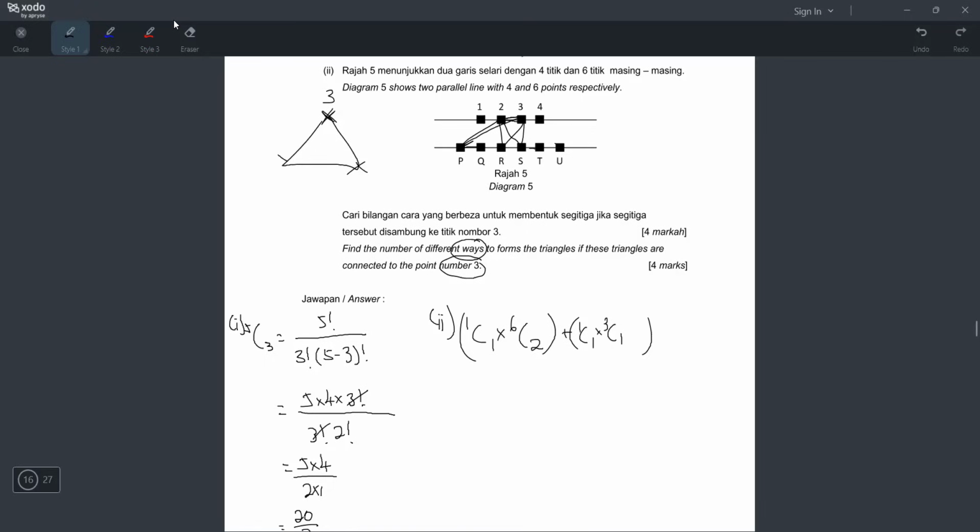And then from the remaining 1, 2, 4, I can just randomly choose 1. For 1, 2, 4, I don't care which one is chosen, because what's important is that 3 is chosen, right? And don't forget to times also with 6C1 this time, because I already chose 2 vertices up here, 3 and another one, so I only need 1 more vertex down here. That's why it's like this. And then add them together and you get the answer, right?